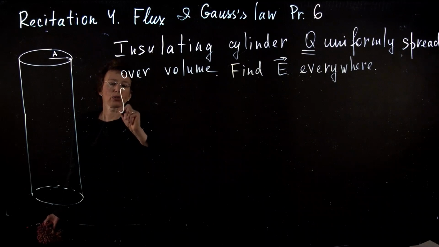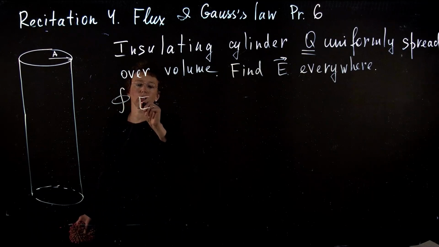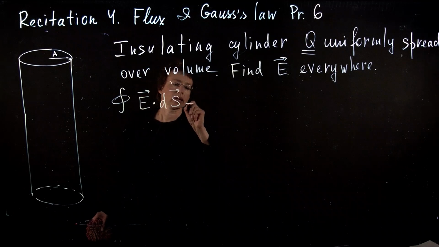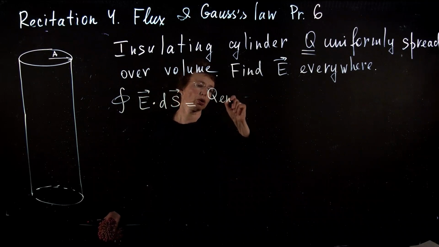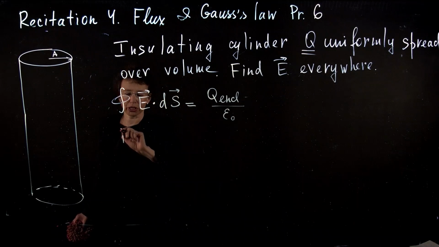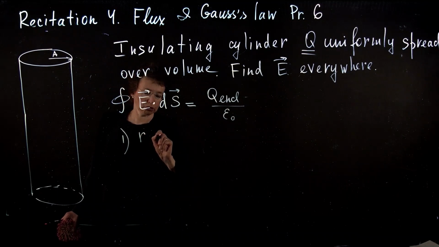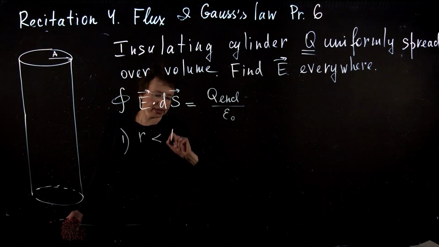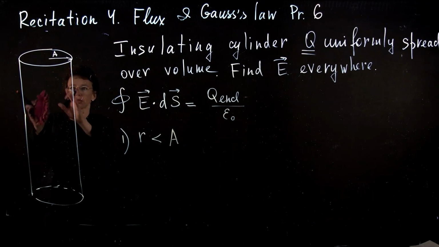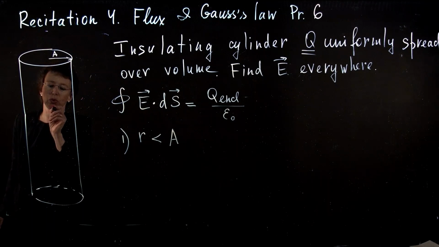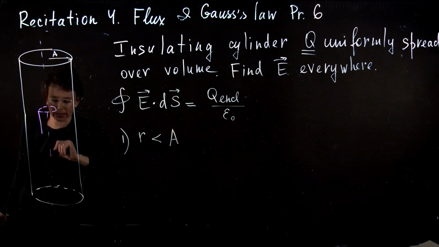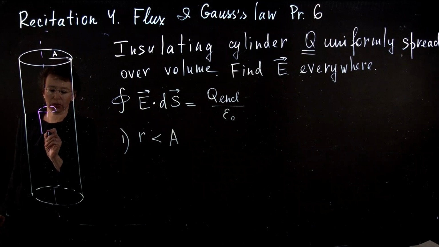We will use Gauss's law to find the electric field everywhere. E dot dS is Q enclosed over epsilon naught. Our first region is inside the cylinder, r is less than A. The Gaussian surface, because of cylindrical symmetry, will be another cylinder located at the center of the original cylinder.